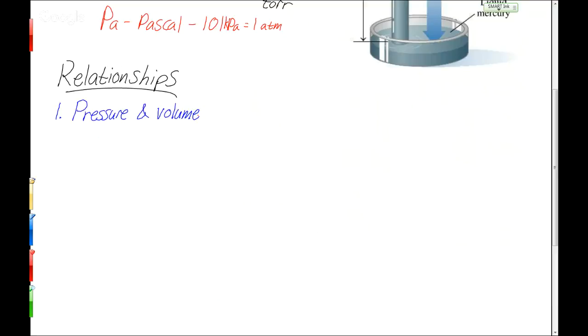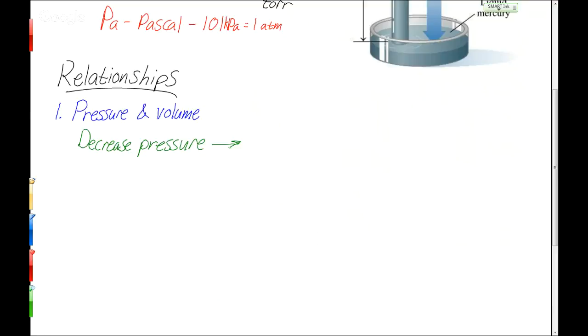If you decrease the pressure of a system, what happens to the volume? Of something. So let's use a real example so it's more concrete.